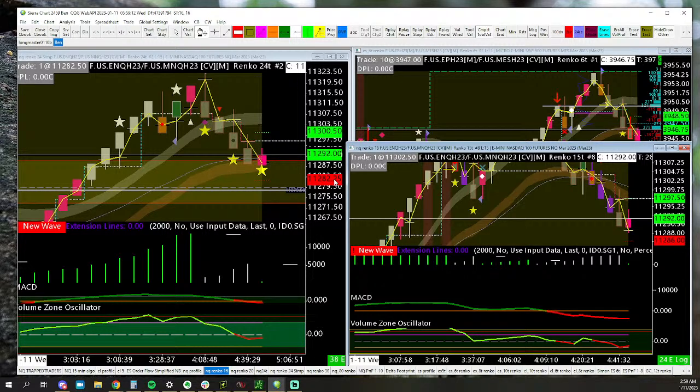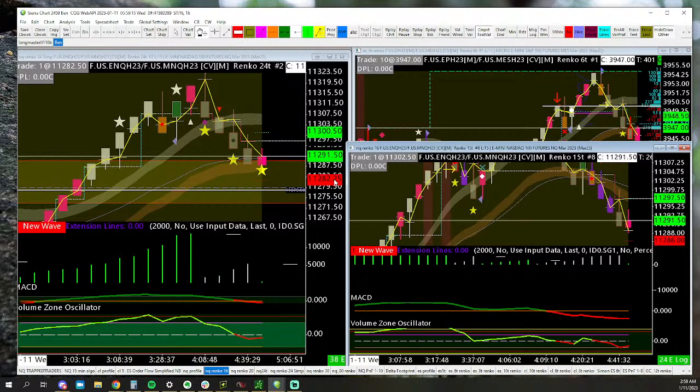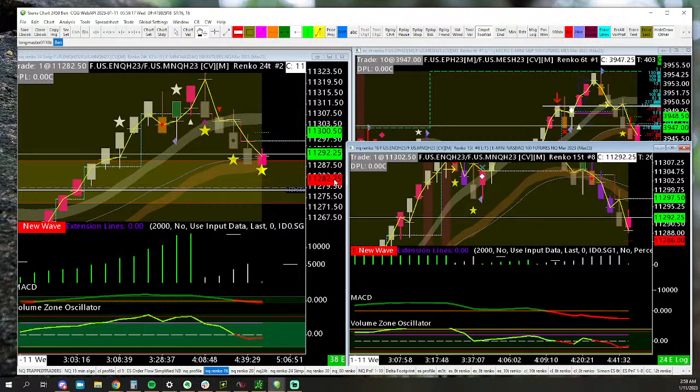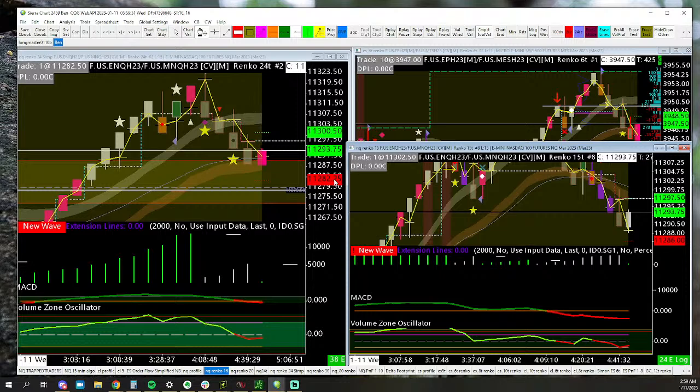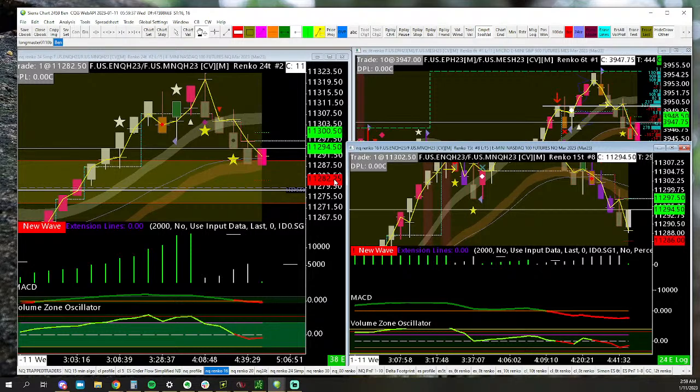I thought it would take one more rotation. And it might, but it's going to take 2 hours to do it. No setup long. I don't think I'd want to take it anyway.